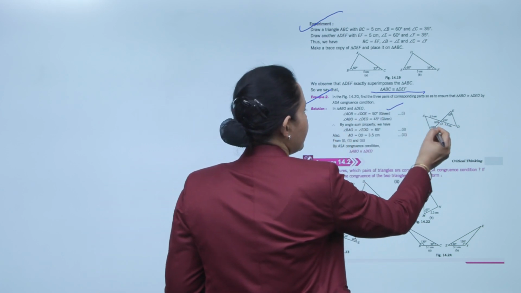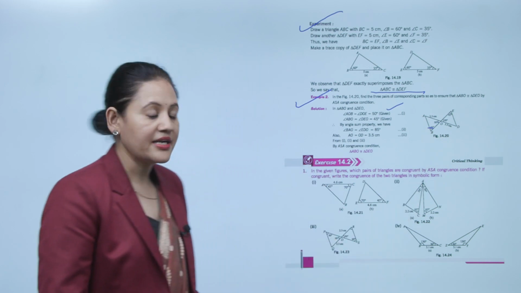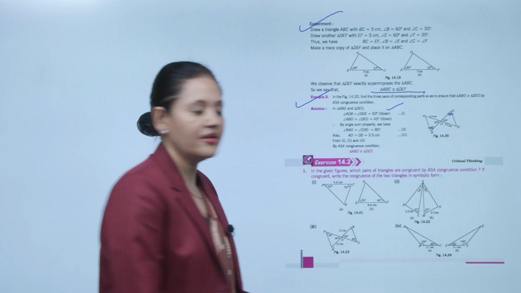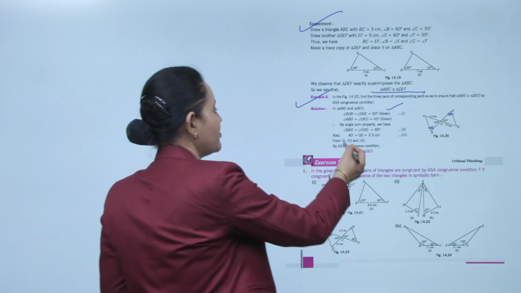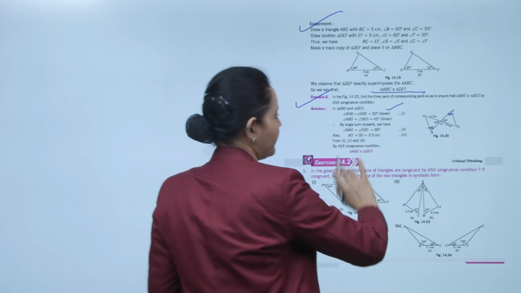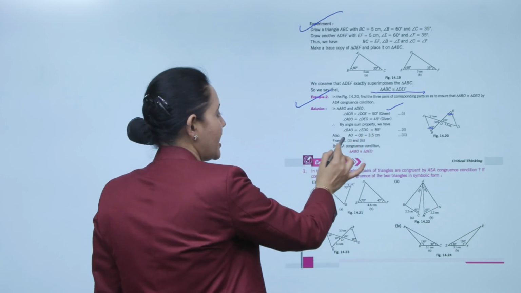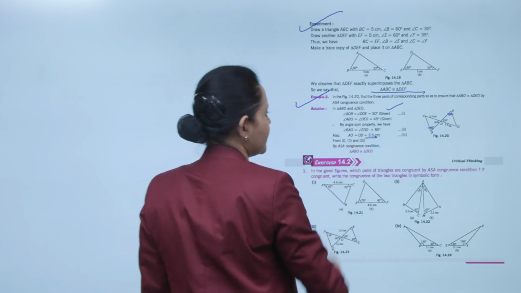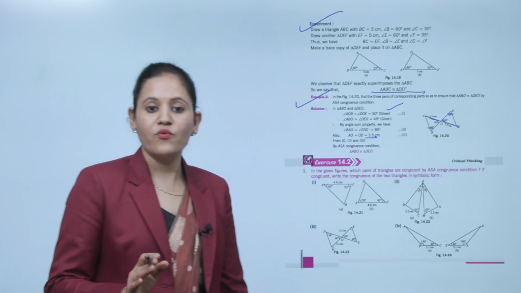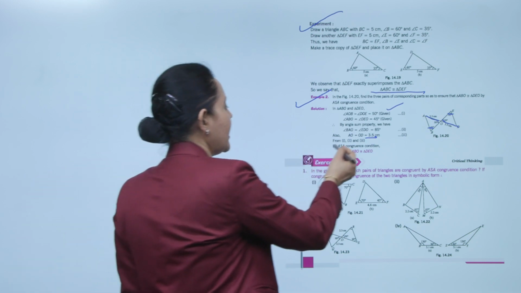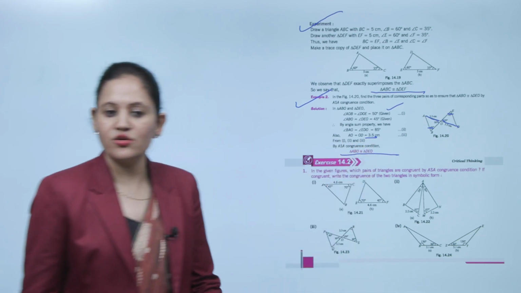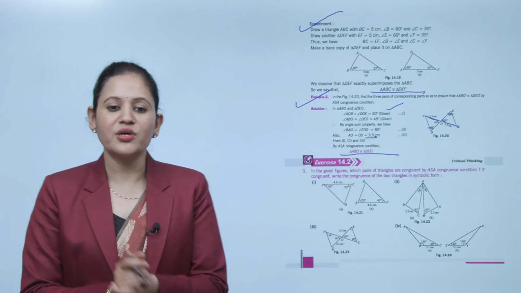Angle ABO, this angle, equals angle DEO. Clear? Now, by the angle sum property, we have angle BAO equals angle EDO, 85 degrees. So, AO equals OD, 3.5 centimeters, this side. From 1, 2 and 3, by the ASA congruence condition, we can say triangle ABO is congruent to triangle DEO. Clear?